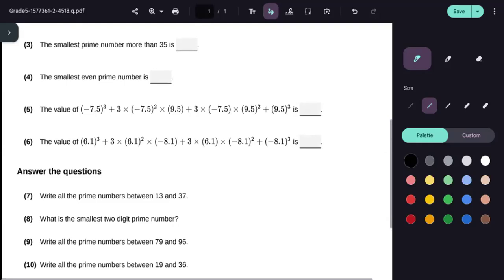We have 31, not 33, not 34, not 35, not 36, 37. After 37 you have 38 cannot, 39 cannot. Okay, 40, then the next one will be 41. So therefore the answer will be 37.